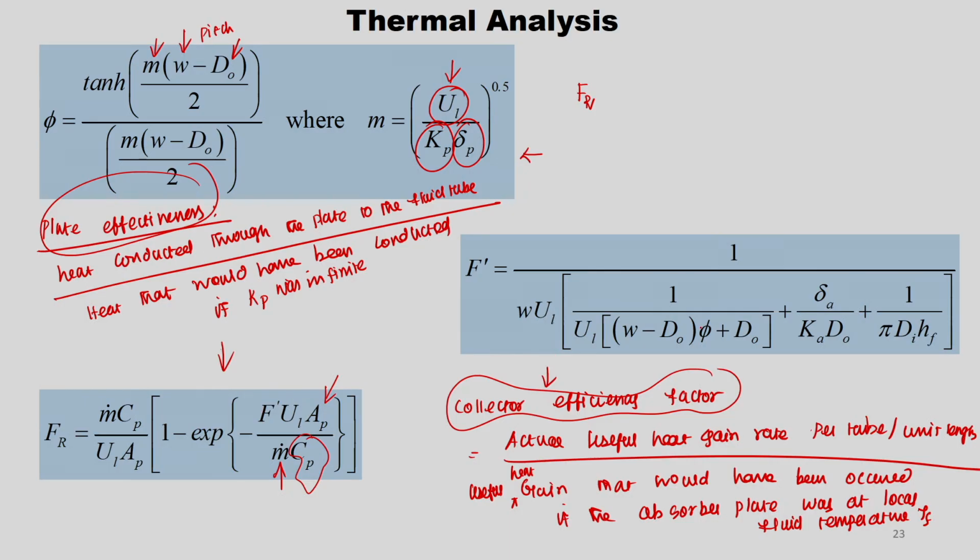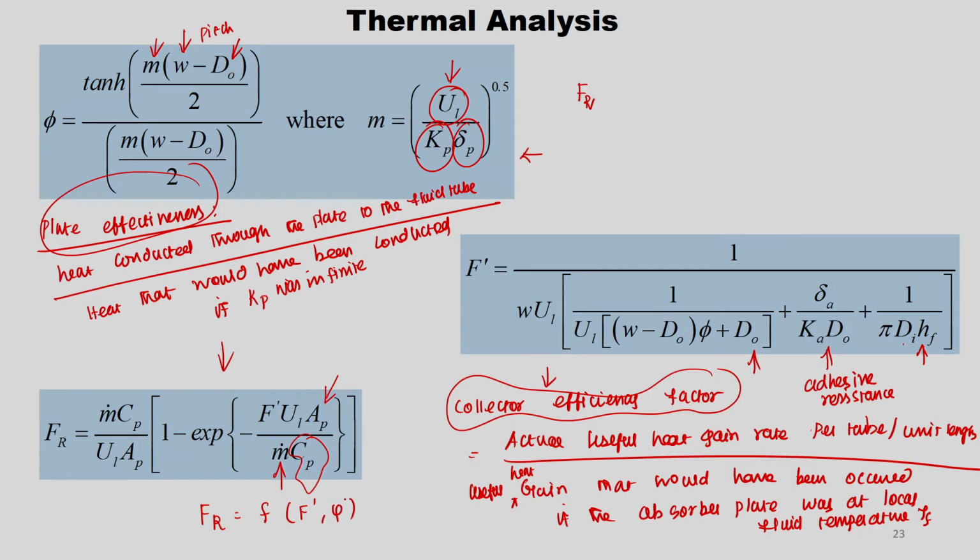It is basically all our resistances: due to fluid flow, due to adhesive resistance, and the heat transfer coefficient h_f, with 1 upon h_f inside the pipe multiplied by pi d_i. All these resistances, one upon resistance, give the collector efficiency factor. So F_R is a function of F dash, and F dash is again a function of phi, the plate effectiveness.